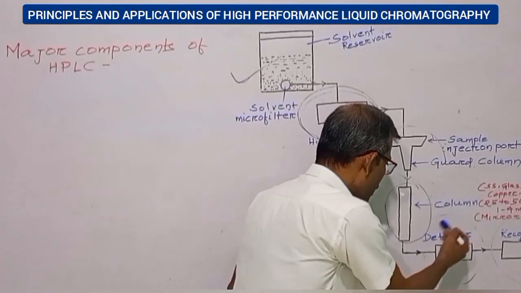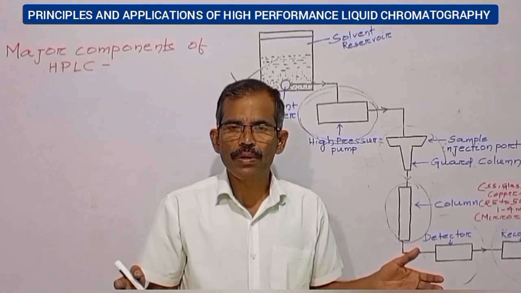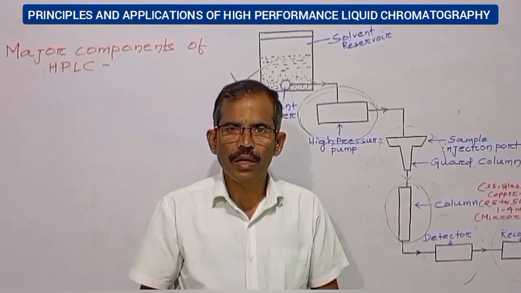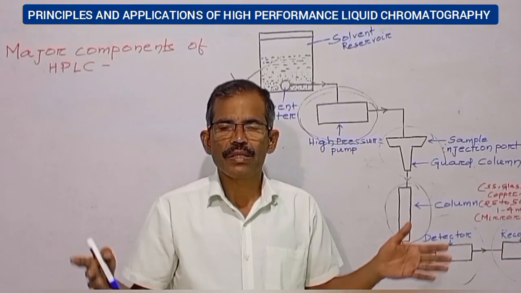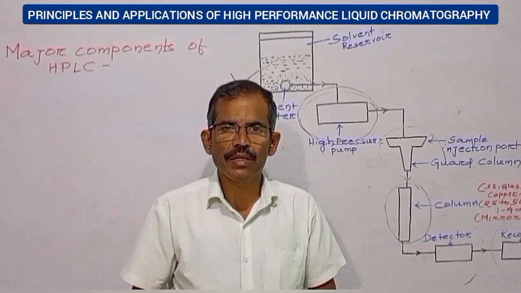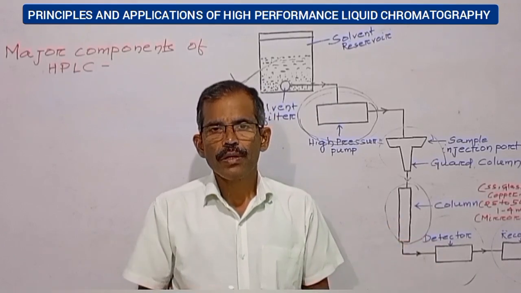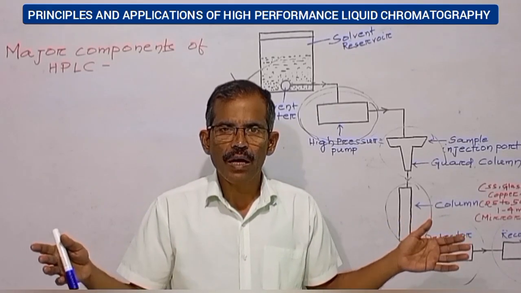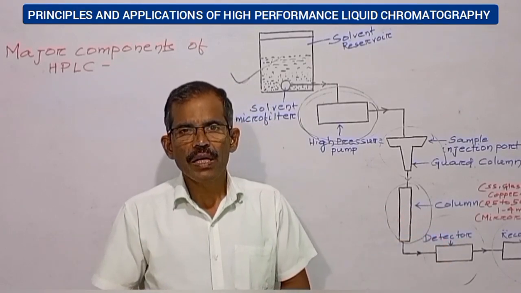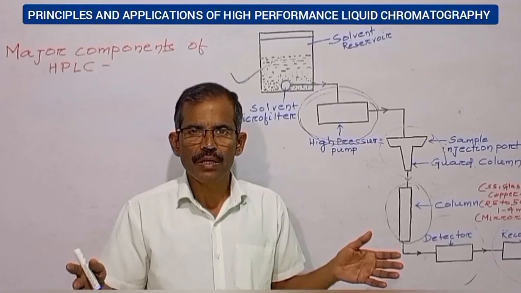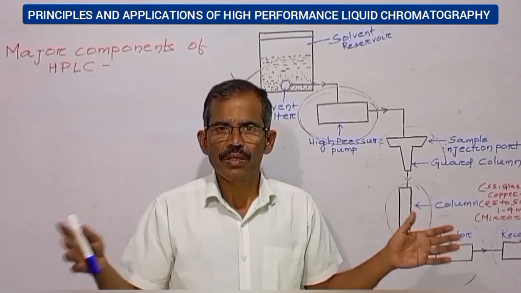The next component is the detector. Because the amount of sample injected into the analytical column is small, it is imperative that the sensitivity of the detector is sufficiently high and stable. Two types of detectors are commonly used in HPLC. One is the UV visible photometer and the other one is the UV visible spectrophotometer.